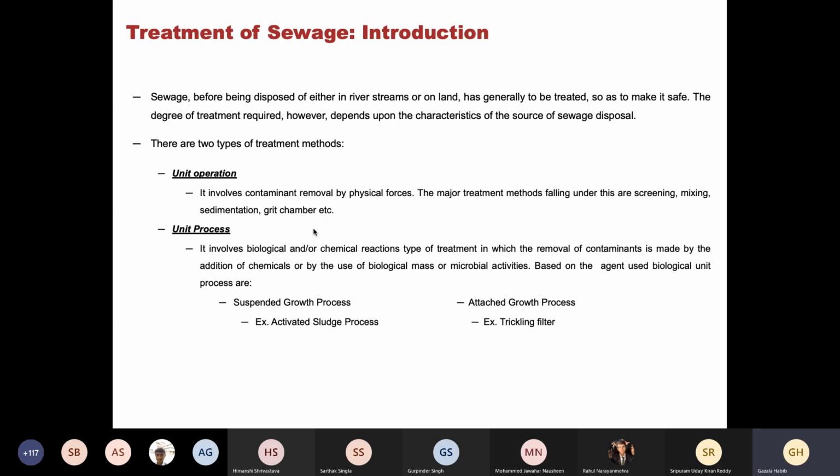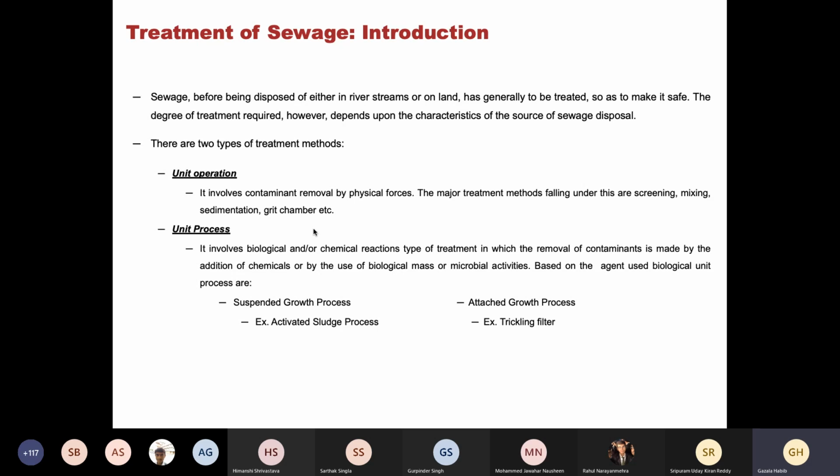Okay, so preliminary, primary, secondary, and tertiary treatment. These are the four types of treatment, or the sequence of treatment. As I said, tertiary treatment is done only if it is required.